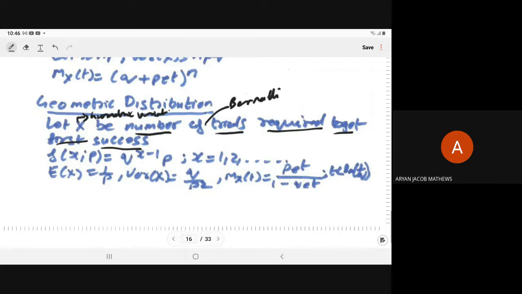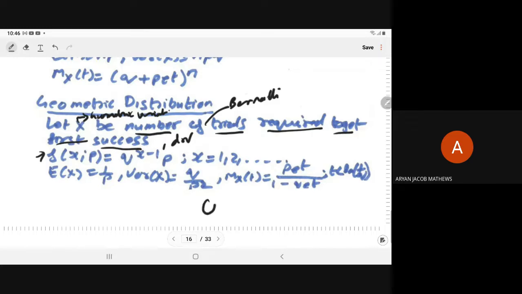It is a discrete random variable, and the corresponding probability mass function is given by q to power x minus 1 into p.